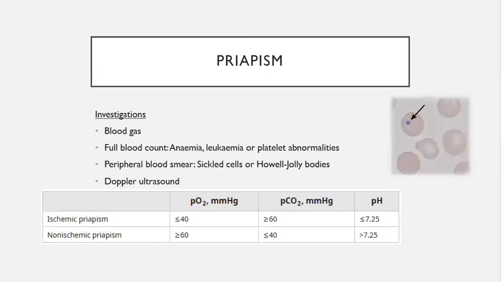Your peripheral blood smear might confirm your diagnosis of sickle cell disease, and your Doppler ultrasound can be used to differentiate between high flow and low flow priapism. I have attached a table that shows gases of blood aspirated from the corpus cavernosa of patients with priapism, just showing the difference in the values that you would expect to differentiate between ischemic and non-ischemic priapism.